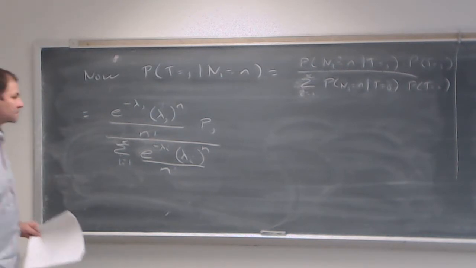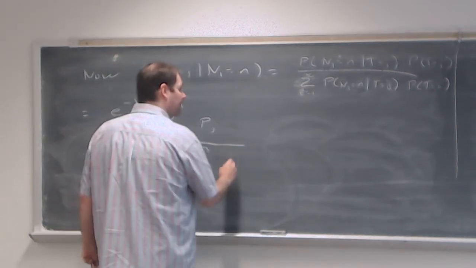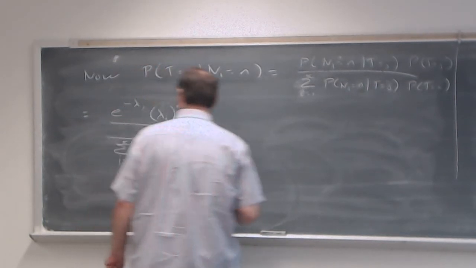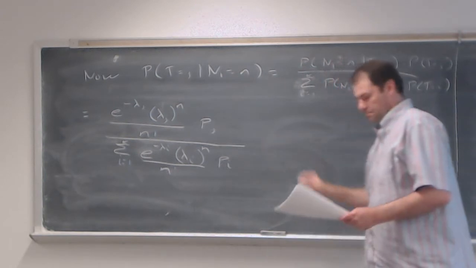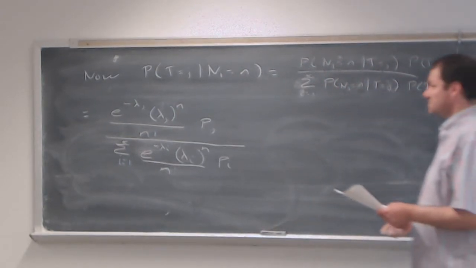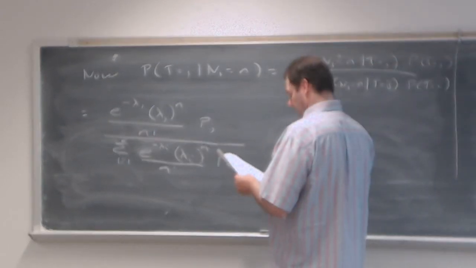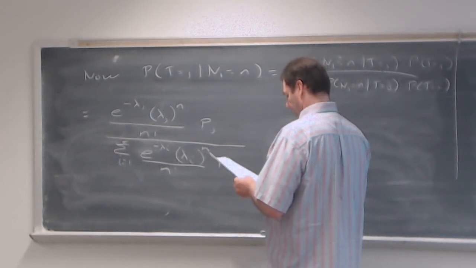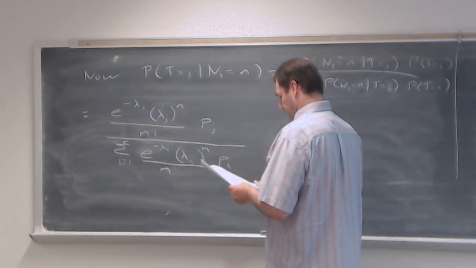And then times the probability that T is equal to i, that's p sub i. That's what I would write. Now the top, I'll leave alone. Well, I'll leave all of this alone. That's where we are.